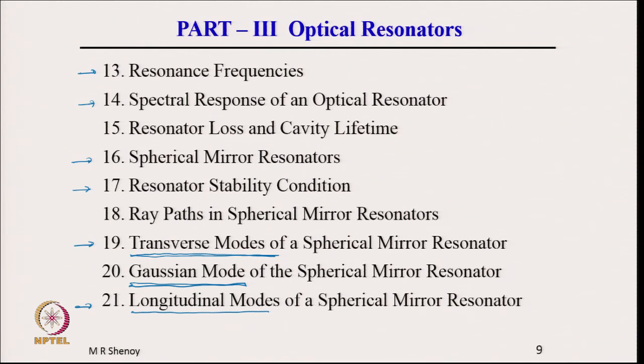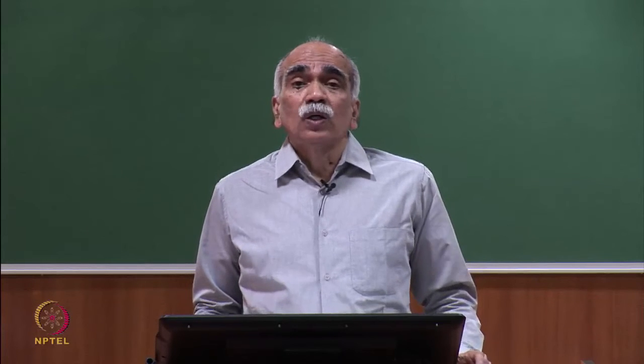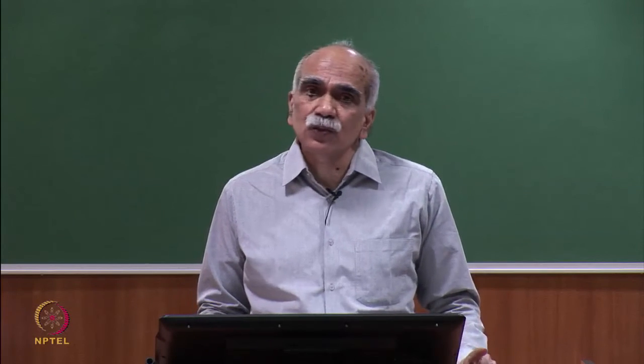And in this section we also discussed how to select a single transverse mode and how to select a single longitudinal mode, because this is very important to realize single frequency lasers which oscillate in a single longitudinal mode and a single transverse mode.